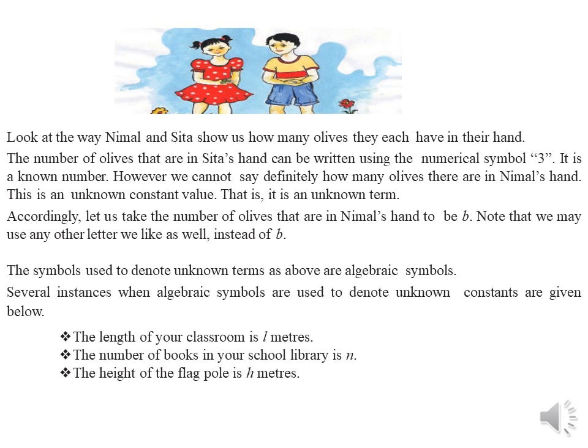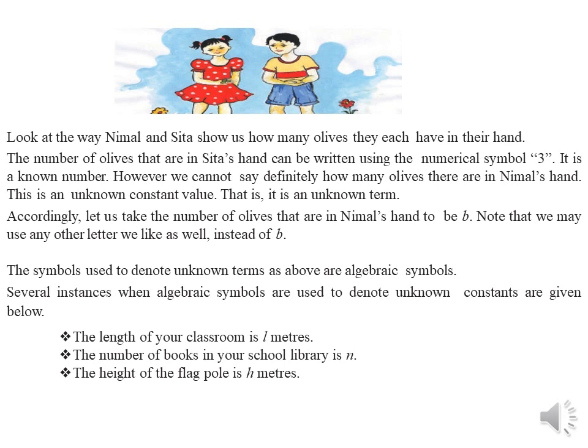You can see here a picture with a girl and a boy. Look at the way Nimal and Sita show us how many olives they each have in their hand. The number of olives that are in Sita's hand can be written using the numerical symbol 3.